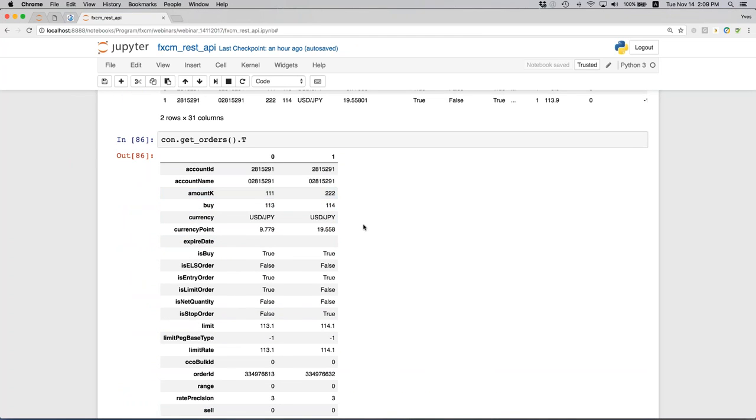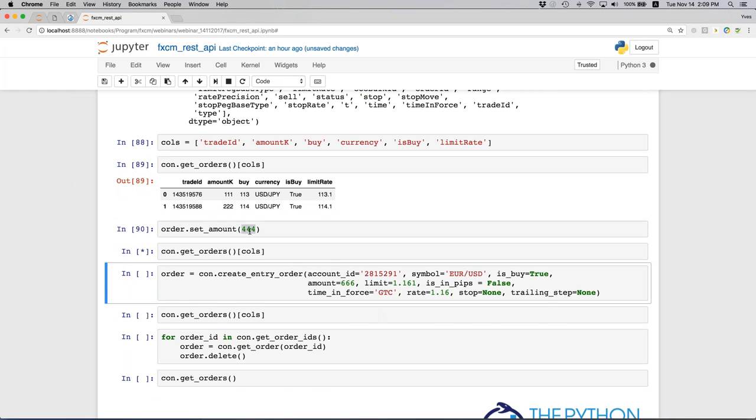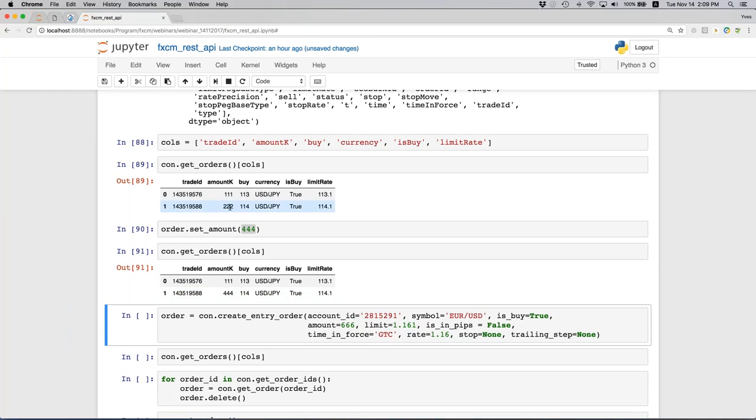This was the 222, and I can change it here. This was the one we are talking about, and I can change this to 444. So I can double up, if you like, and you see on the fly my outstanding order has been doubled with regard to the amount.